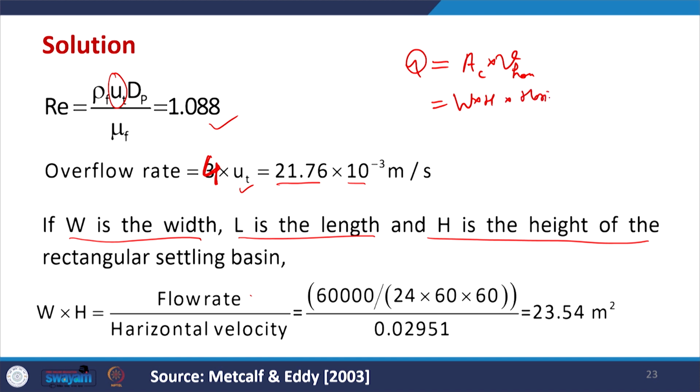So, from this equation W into H is equal to flow rate divided by the horizontal velocity which has been calculated already. The cross sectional area, height into width, is coming out to be 23.54 meter square as per the present condition.